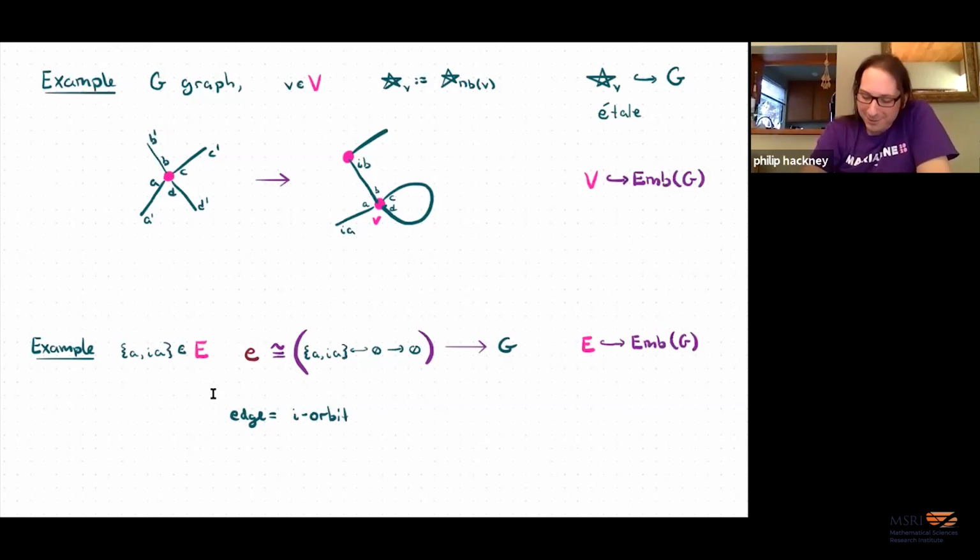Whenever I have such a thing, I can write down a natural embedding; actually in this case, it will be a monomorphism. So I write these down particularly because they'll be useful to us later.